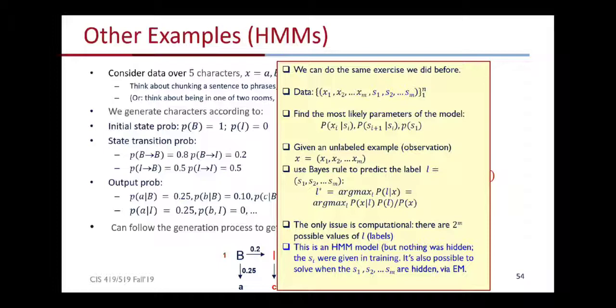It's going to be a difficult computational problem. So there are good algorithms to solve this, which we're not going to talk about. But basically, it's the same game, right? You want to be able to estimate a hidden label. In this case, the label is a sequence from an observation. Questions?